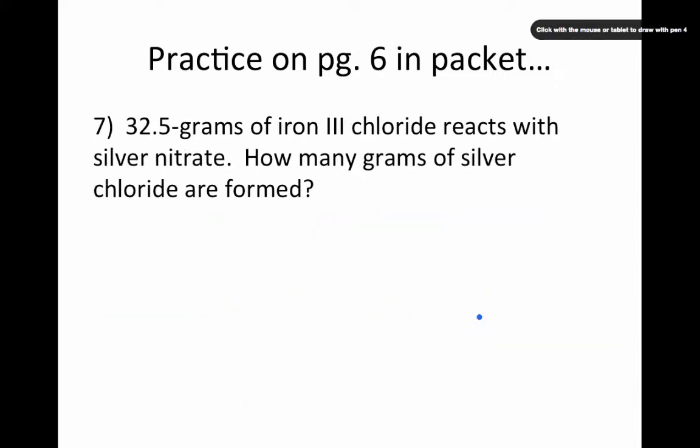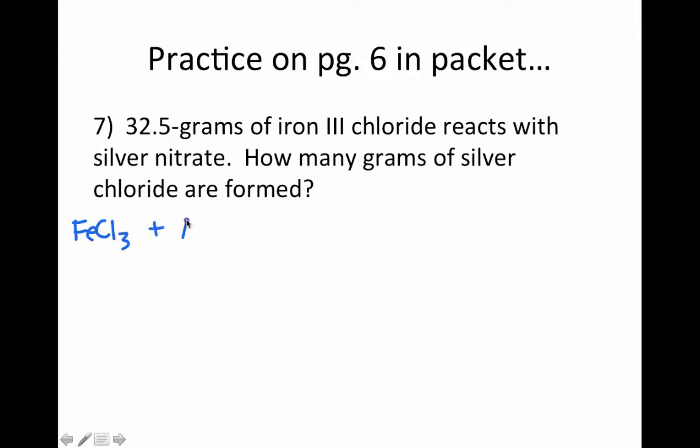Number 7 says 32.5 grams of iron 3 chloride reacts with silver nitrate. How many grams of silver chloride are formed? So again, we're going to need to start with a balanced chemical equation. Iron 3 chloride, so that's going to be FeCl3 if you check the charges. Iron is a 3 plus, chloride is a 1 minus, so that needs a crisscross.